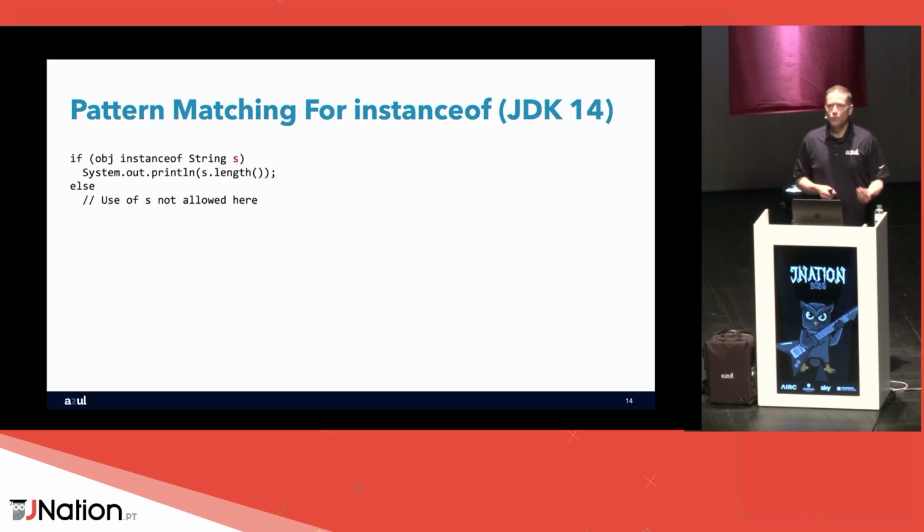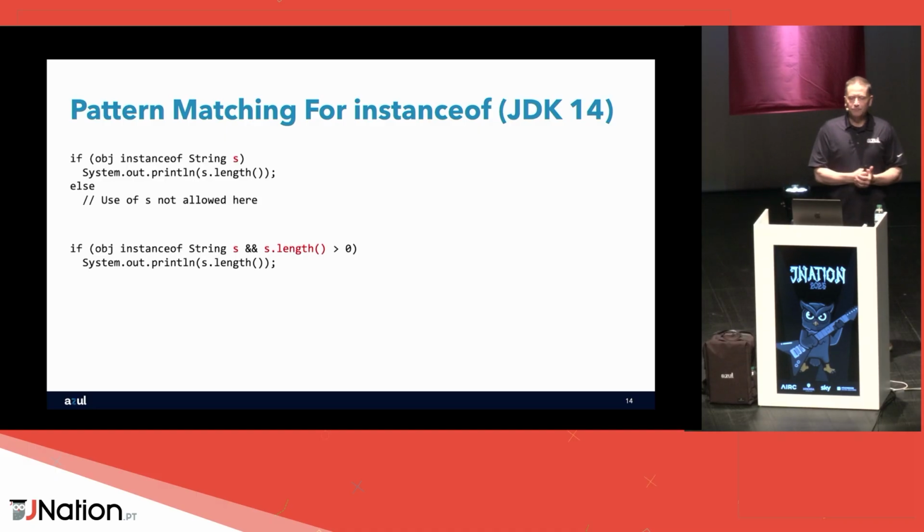If it is, we have a pattern variable, s, which is going to be conditionally extracted. So it's extracted if we have a reference to a String. In the true branch of that expression, we can refer to s because we know that we have a String. In the false branch, we've failed the test, so the scope of s is not valid. We can't refer to s because it isn't a String.